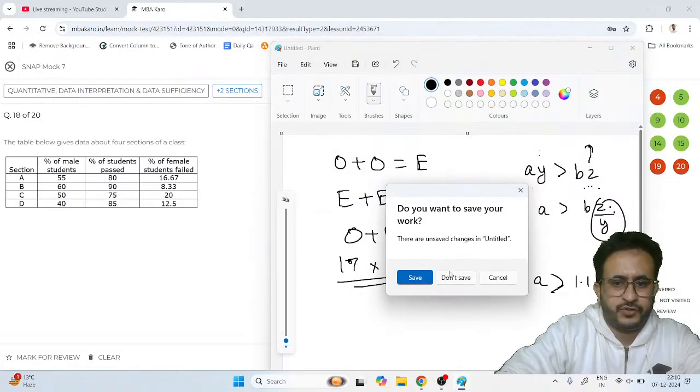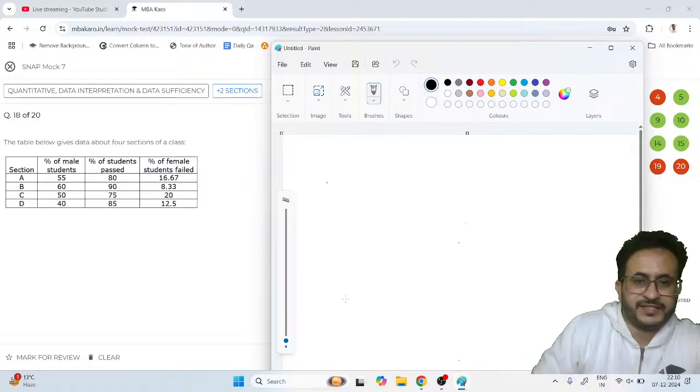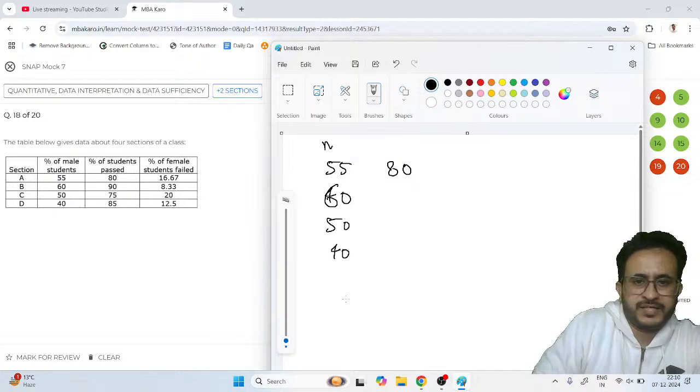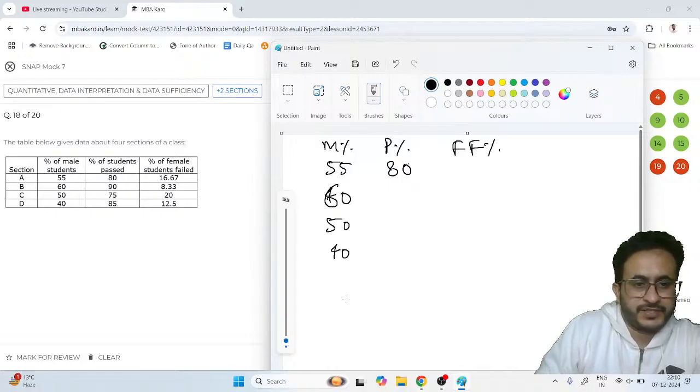So ideally, one should not be drawing a table, but for my convenience I'm drawing it because I do not want to scroll here and there again and again. In the examination, you'll have a rough sheet. So 80% pass. This is male pass percent, and female fail percent. Percent student passes 80, 90.